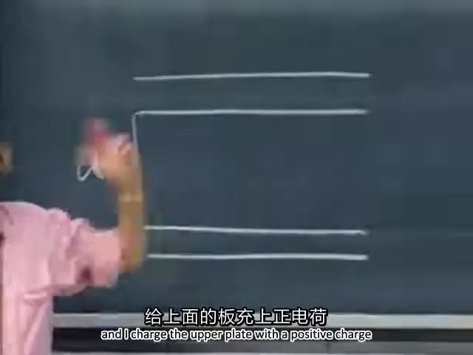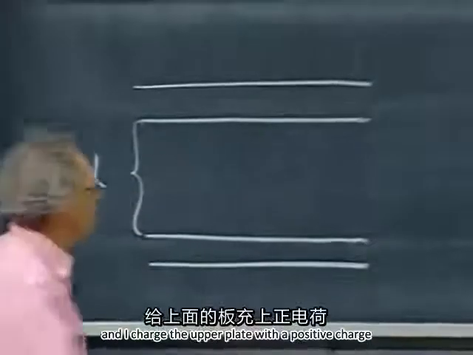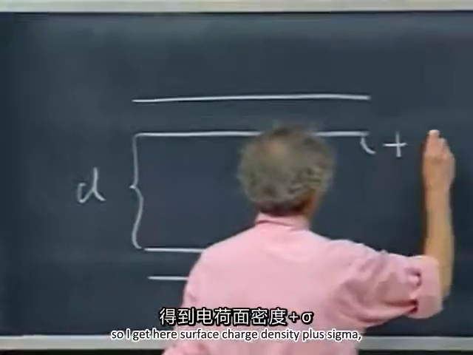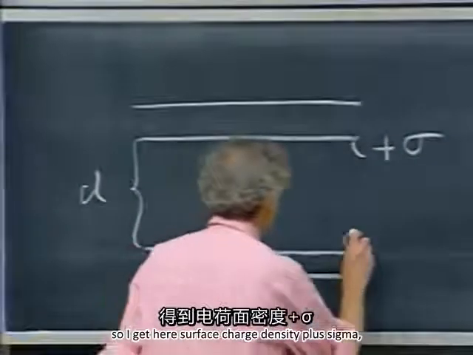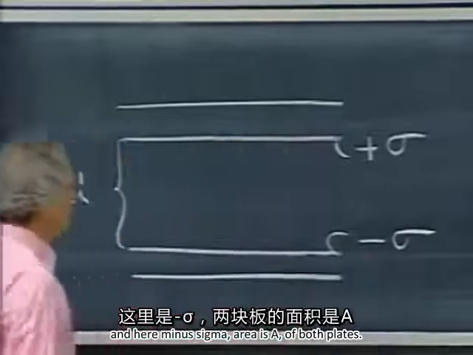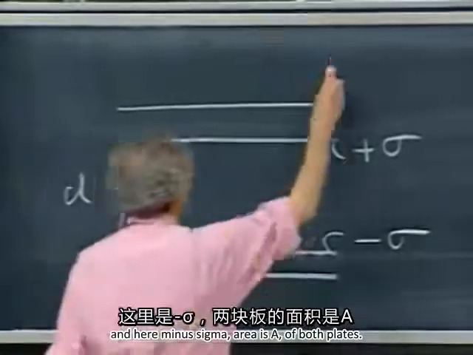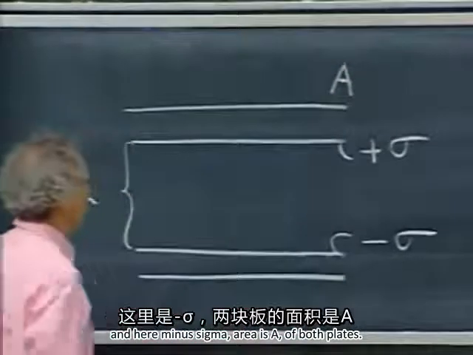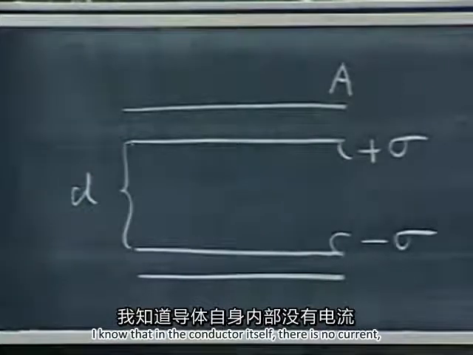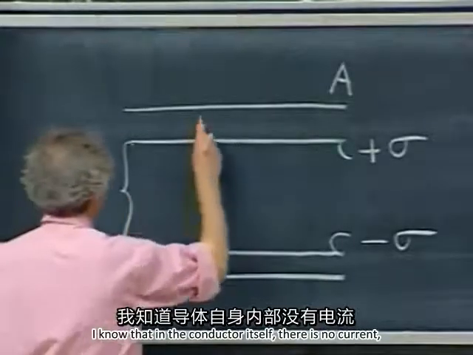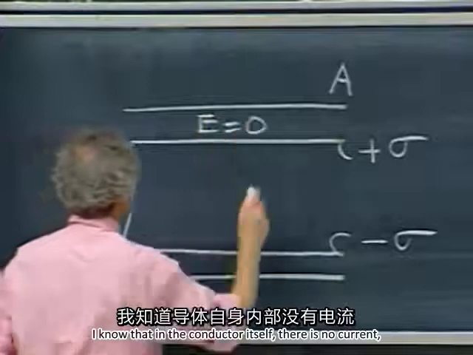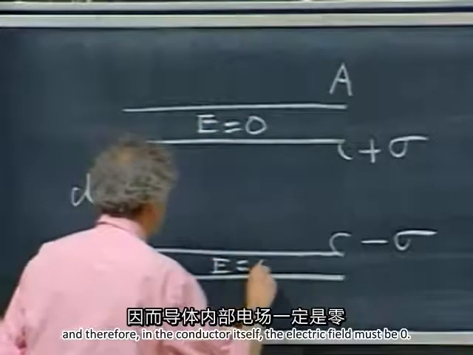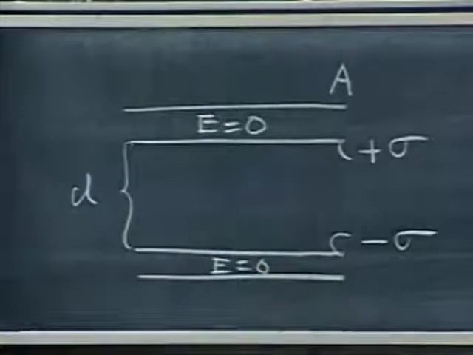I charge the upper plate with a positive charge. So I get here surface charge density plus sigma, and here minus sigma. Area is A of both plates. I know that in the conductor itself there is no current, and therefore the electric field must be 0.